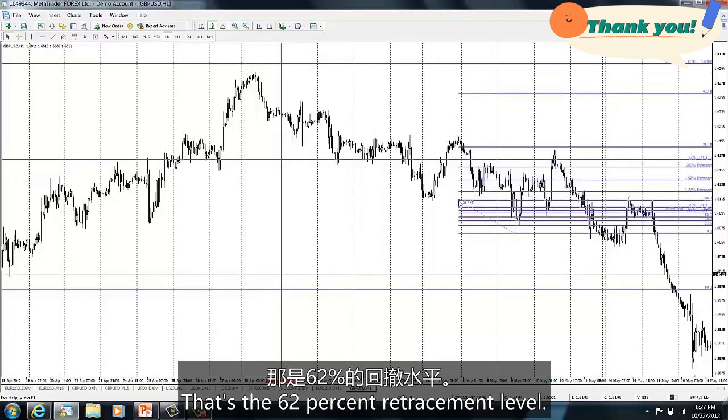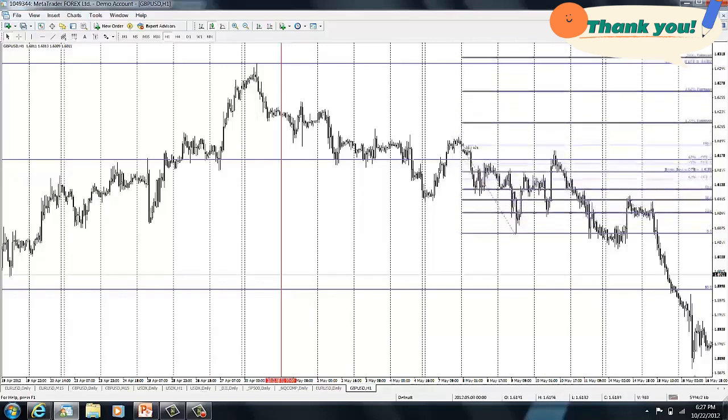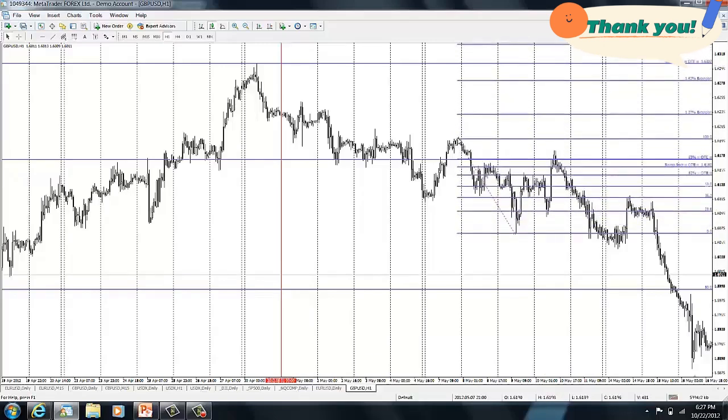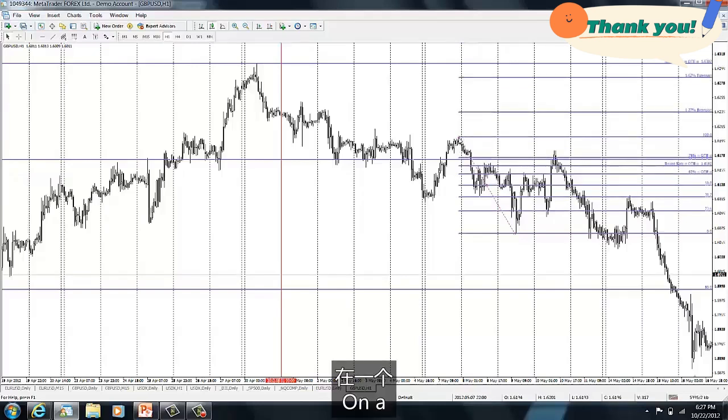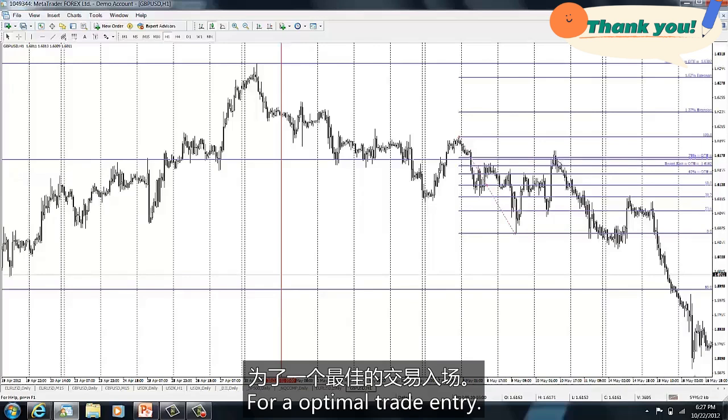That's the 62% retracement level on the daily, and now we have overlapping fibs on a 1 hour chart conversion right there for an optimal trade entry.